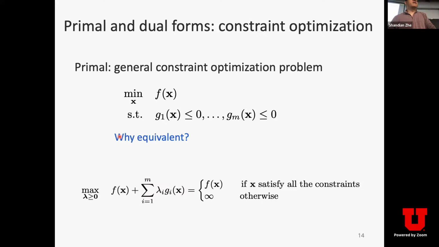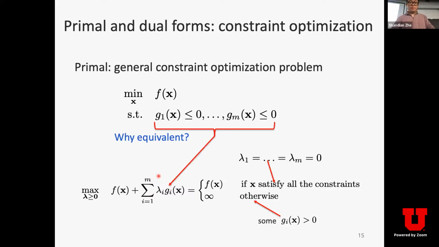Simply 0, right? Remember, lambda i must be non-negative. It cannot be negative. So if you pick a positive lambda, you kind of subtract from your objective f(x) some positive value. You don't want that to happen. That's why I should pick lambda i's to be all 0.